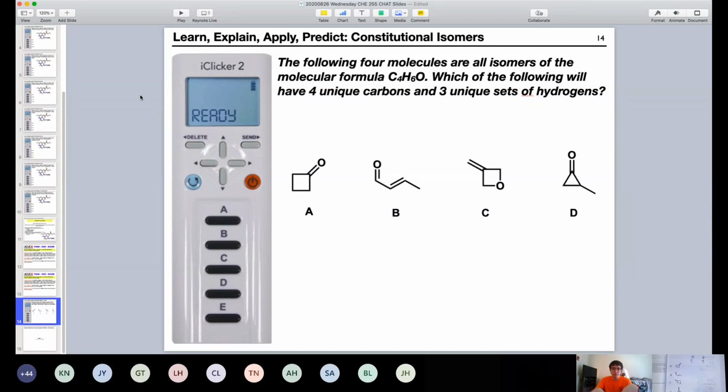So if this were an exam question, this is how I would set it up if I were solving it. You're looking for 4 unique carbons, 3 unique hydrogens. The correct answer is D, but let's run through this in our last minutes here. For choice A, how many unique carbons are there? What number should I put here?